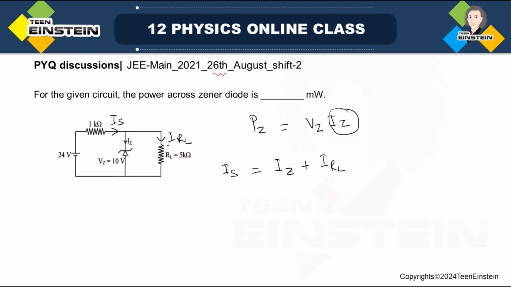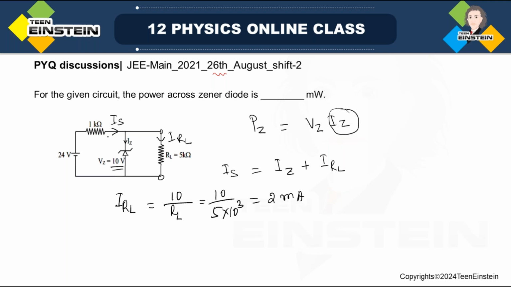One is IZ, which passes through the Zener diode, and the other is IRL. Finding IRL is very easy, because the voltage drop across RL is the same as VZ, that is 10 volt. So IRL is 10 volt by RL. RL is 5 kilo ohm, so 5 into 10 to the power 3 ohm, and this is 2 milliampere. So that I have got.